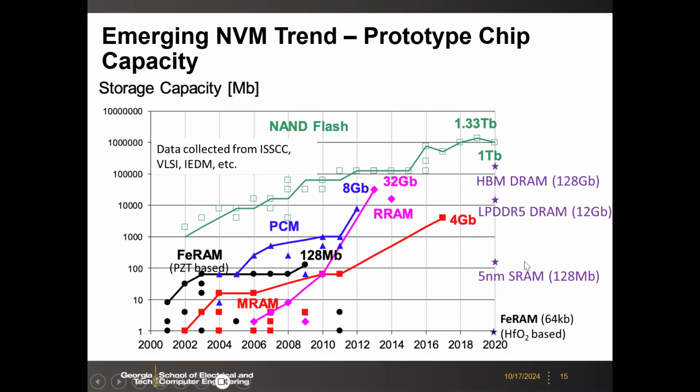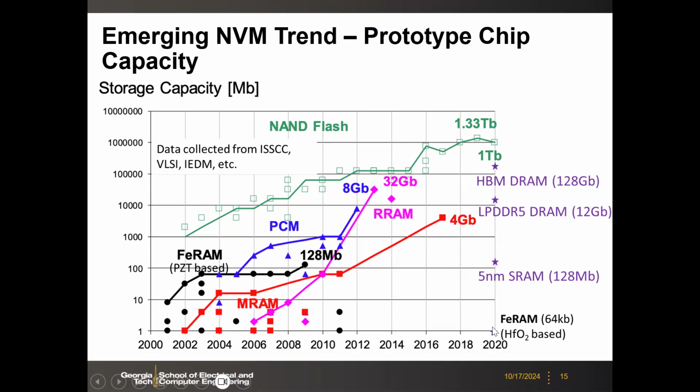If you do AMD V-cache, you can stack. For emerging memory, the largest MRAM is around 4 gigabits, maybe recently a little bit larger, a few gigabits. And then phase change, if you do the 3D XPoint, you can get 16 or 32 gigabits around that. And RRAM, there was a report a few years ago, also 32 gigabit RRAM.